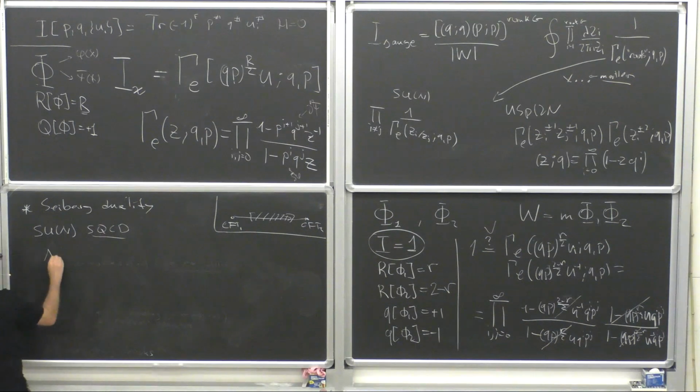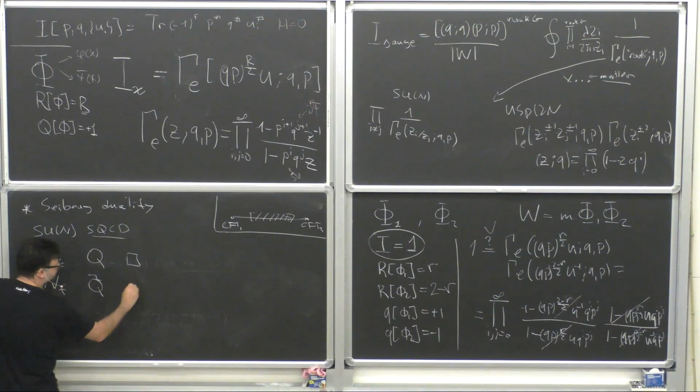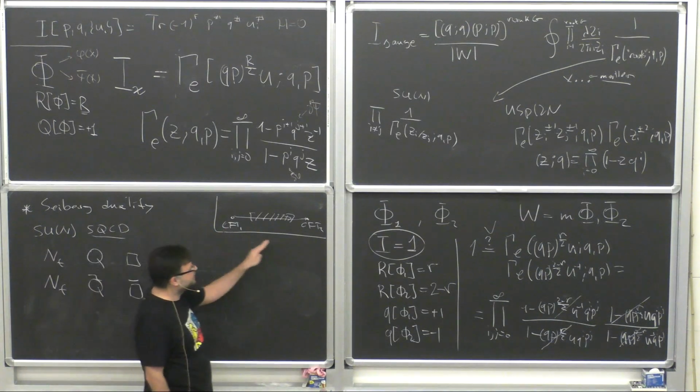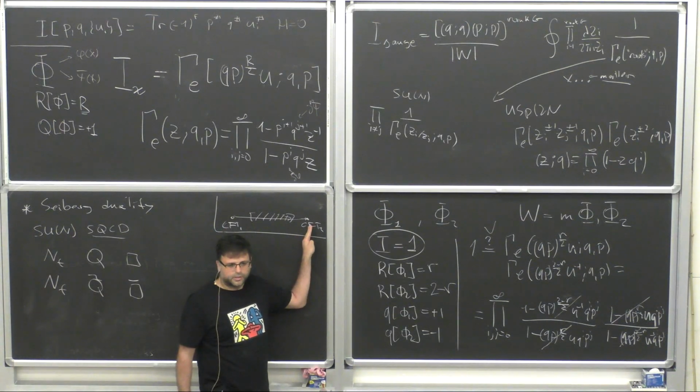We have NF chiral superfields that we will denote by Q, which are in the fundamental representation of SU(N), and NF chiral superfields that I will denote by Q tilde, which are in the anti-fundamental representation of the gauge group SU(N).